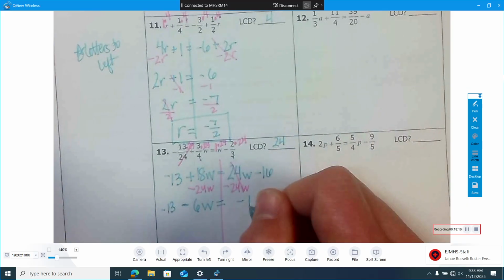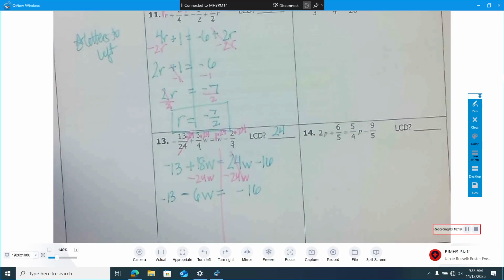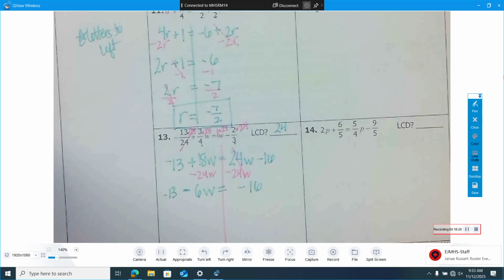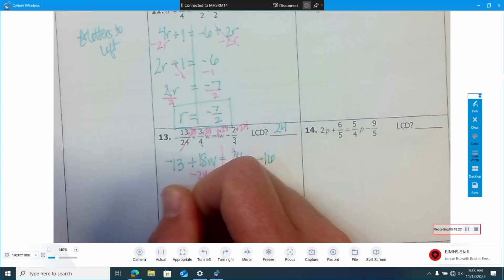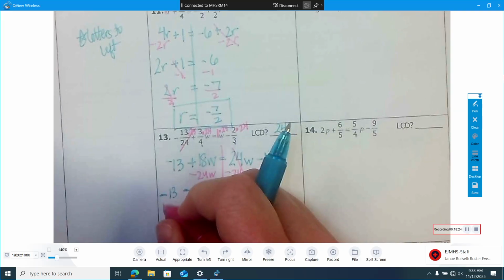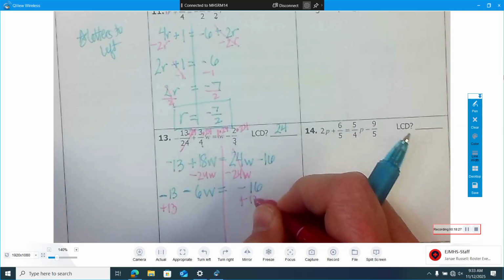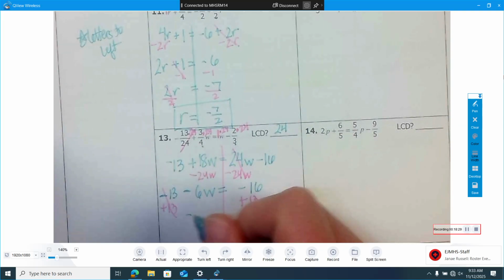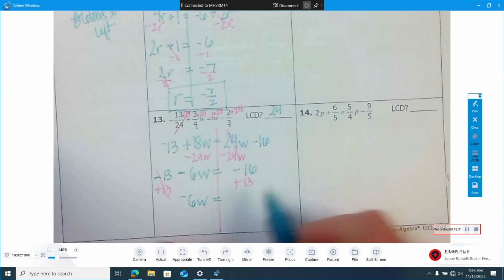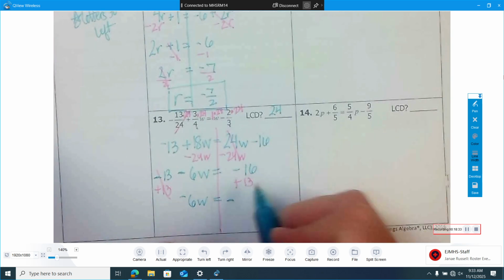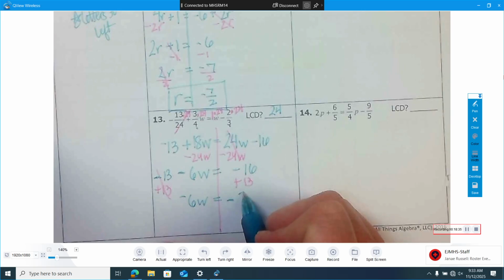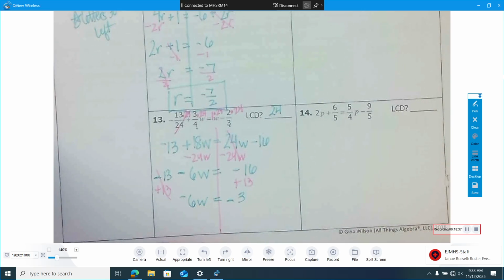And that's equal to negative 16. Then what should we do? Add the 13, good. Add the 13. So we have negative 6W equals, let's see, negatives win by 3. Negatives win by 3.